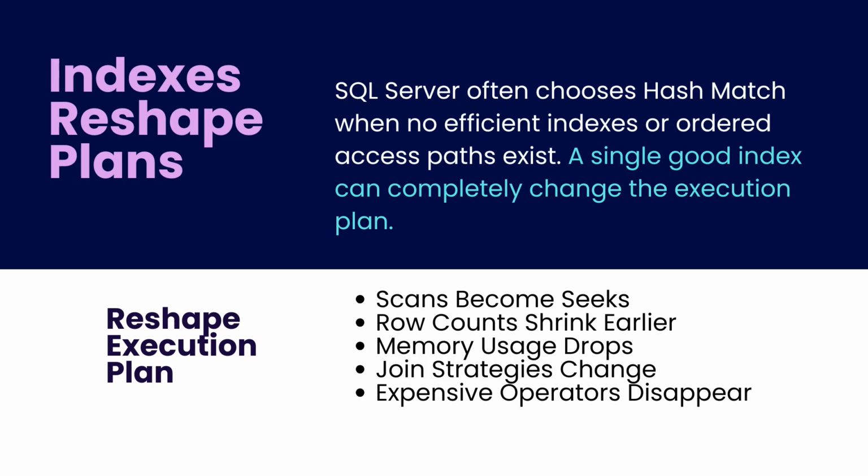SQL Server might choose hash match simply because it has no better access path. Then hash match becomes the least expensive strategy remaining. And this is why one good index can completely reshape an execution plan. Hash match won't magically go away. You'll just change the conditions enough for SQL Server to choose a different strategy.